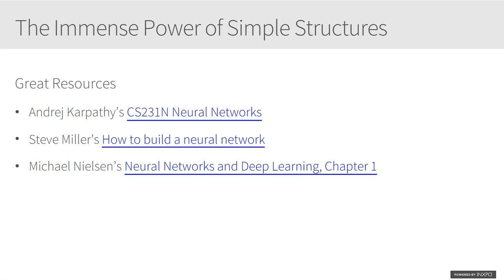Some really good resources I've linked here. The good one, which I use throughout all three sessions and highly recommend, is Andrej Karpathy's CS231n Neural Networks course. In addition to having immensely great slides, it also has excellent notes and a full Stanford CS231n course on YouTube, so you can follow to your heart's content.